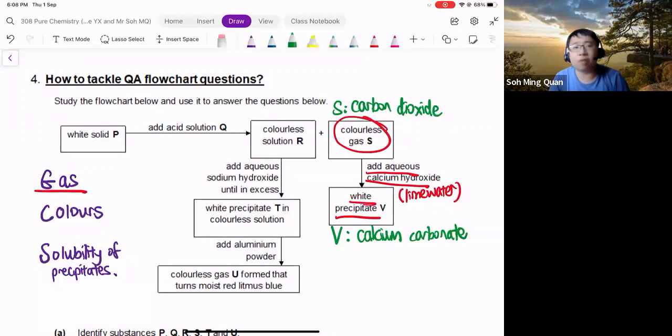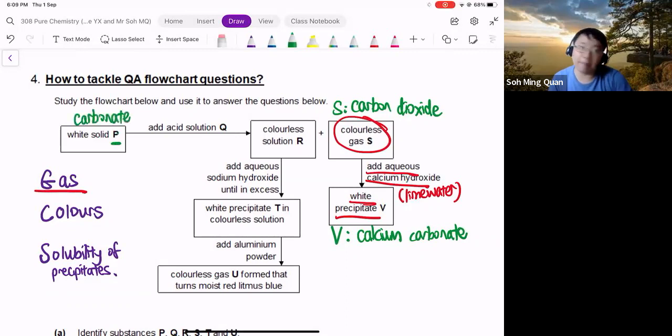It must come from a carbonate. That means S came from where? S, which is carbon dioxide, came from P, right? P formed S, so P is the carbonate.